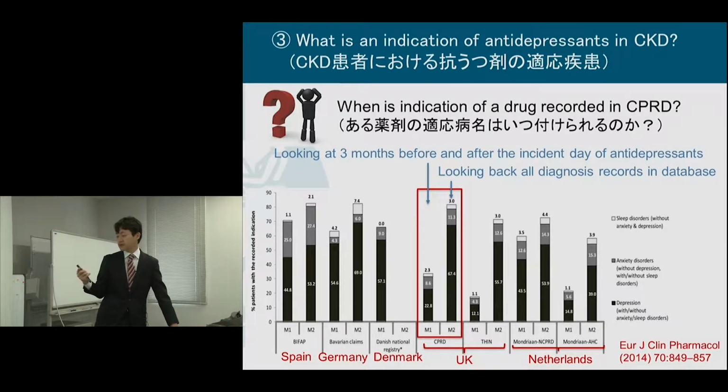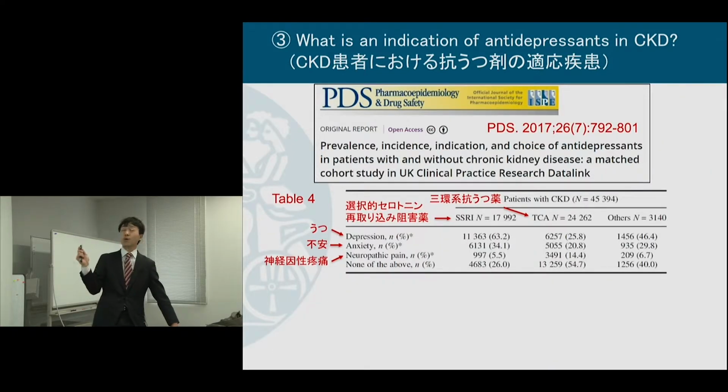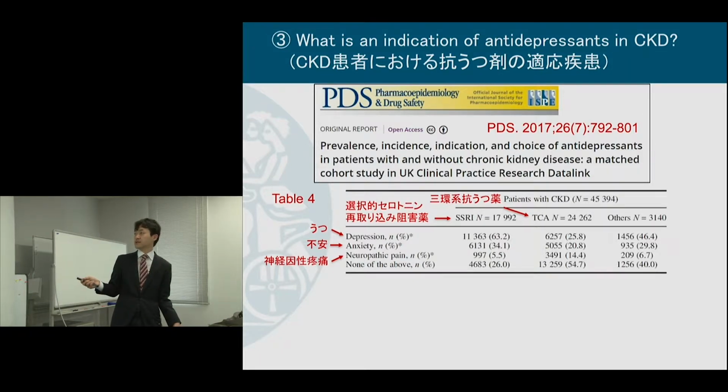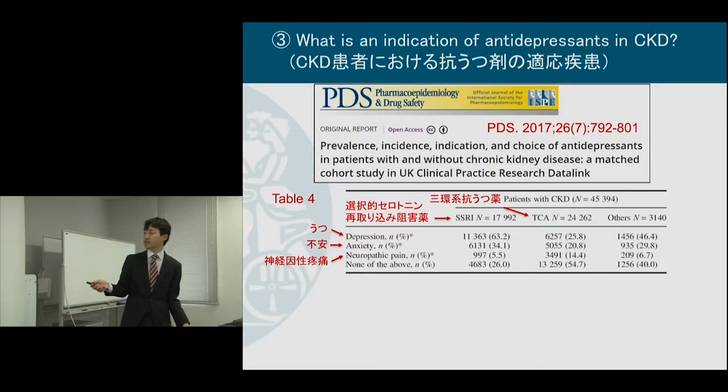According to this result, I decided to look back at all the diagnosis records in the database to identify indication for antidepressants. This is the result in patients with CKD who initiated antidepressants, by type of antidepressant and major indication. SSRIs were prescribed for depression in 63% of cases, followed by anxiety 34%, and some neuropathic pain and off-label indications.